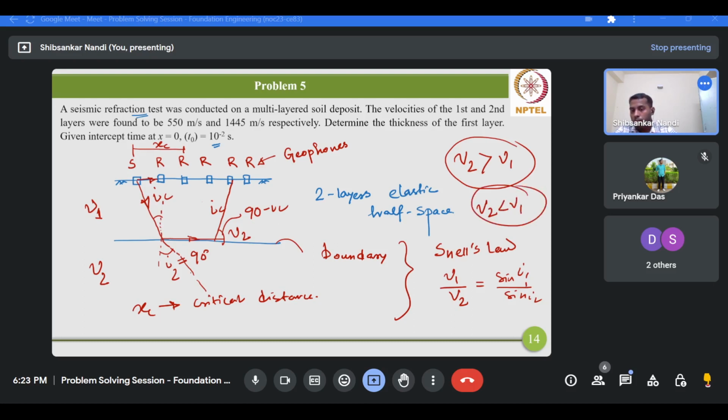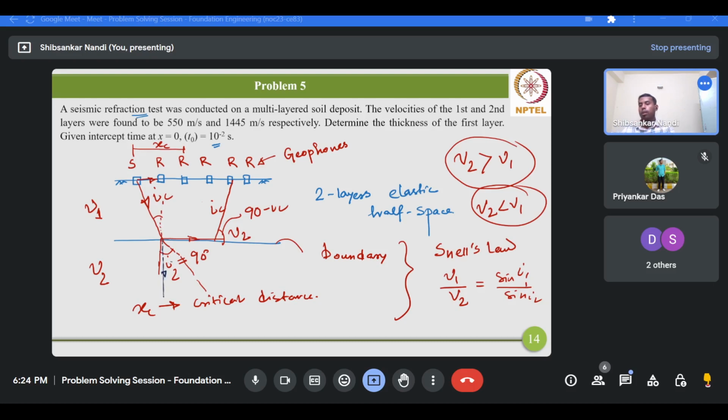This refraction will not be critical. So instead of being critically refracted, it will refract in this fashion. It will come closer to the normal.